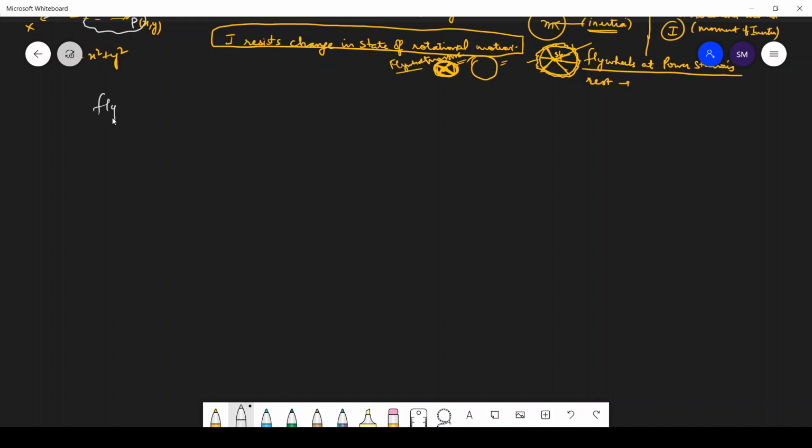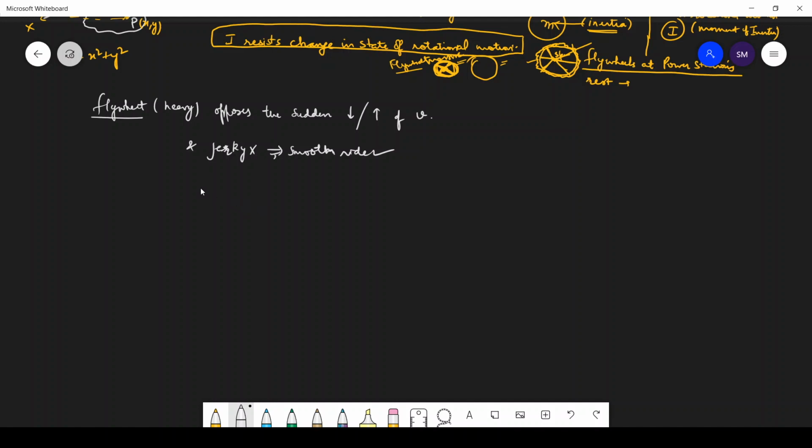So flywheel, which is quite heavy, opposes the sudden decrease or increase of the speed of the vehicle, and prevents jerky motion, and you will get as a result a smooth ride.